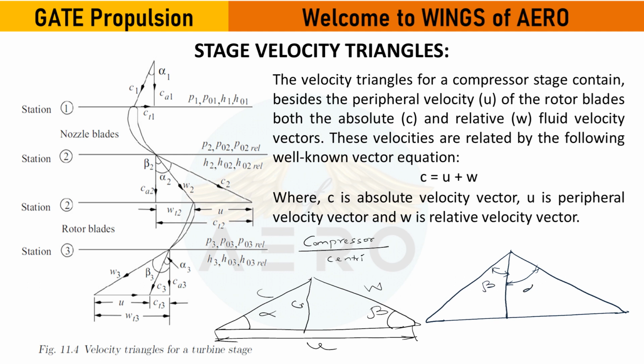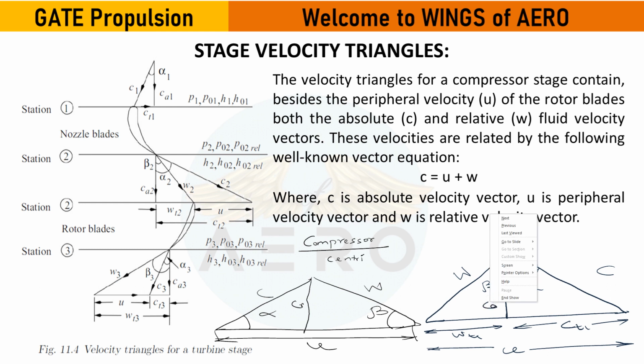This was beta and this is alpha. This again is W and this is C. From here to here will be our W T1, and this is our tangential one. Am I right? And the complete one is U. Yes or no? Please let me know if I have made any mistake.